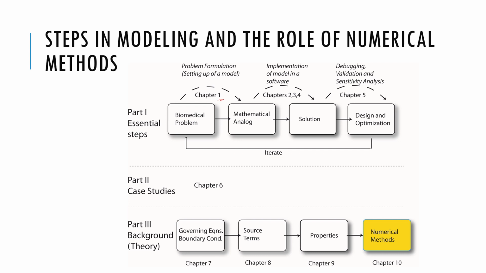So chapters 1 through 5 covered a number of things, starting from problem formulation, where you take a problem in the physical world and develop the mathematical analog. That's, you replace the physical problem with a mathematical one in terms of a governing equation and boundary condition. Then you solve, and then you validate the model and perform sensitivity analysis.